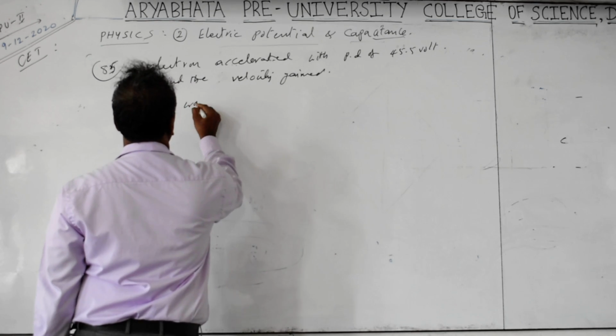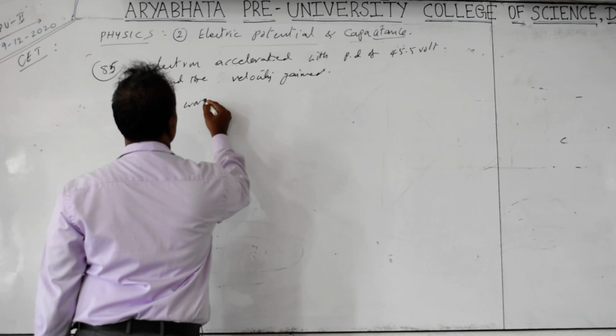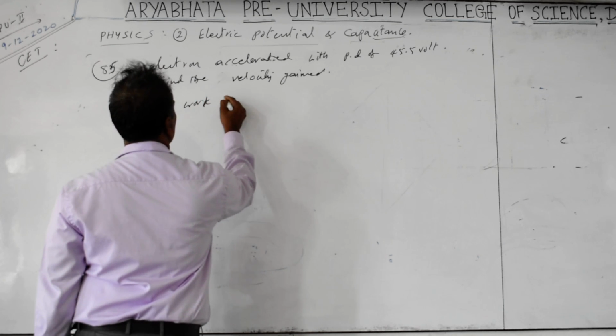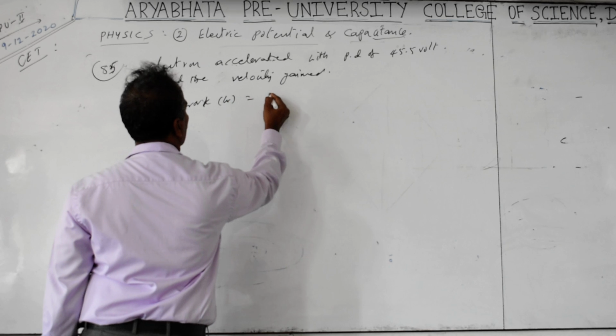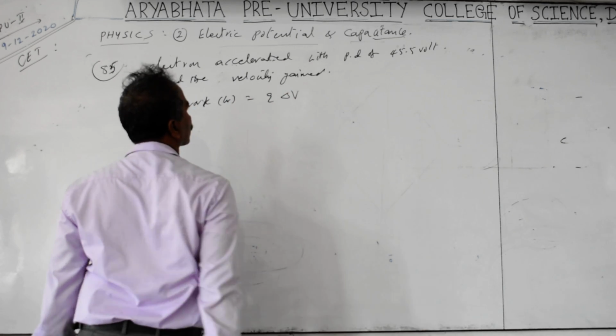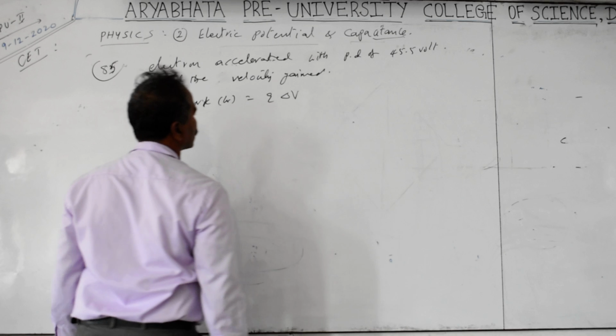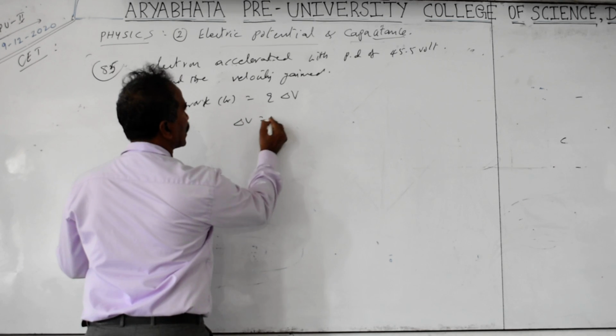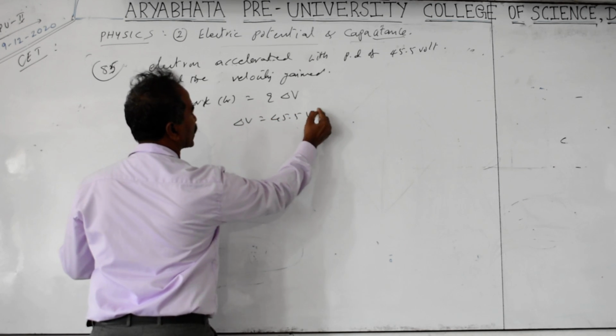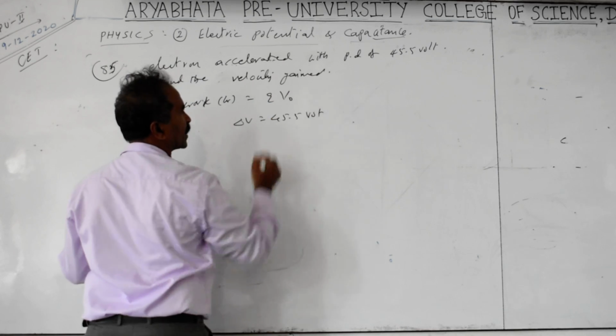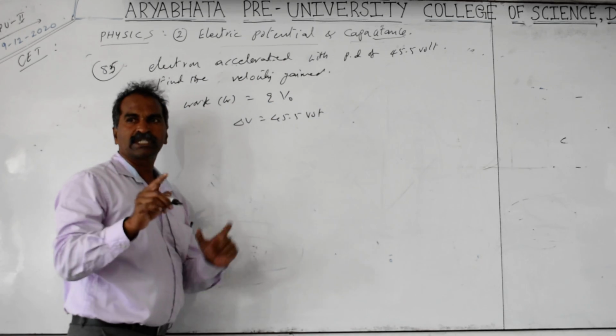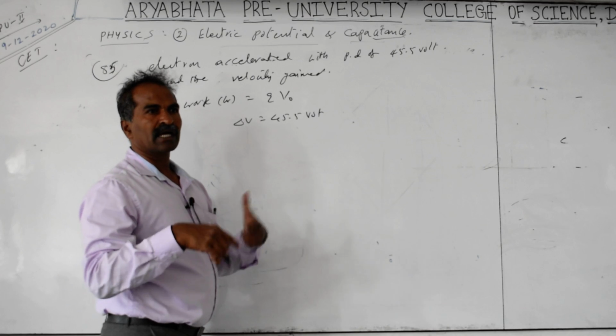Work done in the electric field by the potential: work W equal to charge into potential difference. Charge you are moving into potential difference, delta V, is given as 45.5 volts. You can take it simply as Q into V naught also, but it is not a single point. Potential difference, it is 2 points we are taking, or 1 point can be infinity.